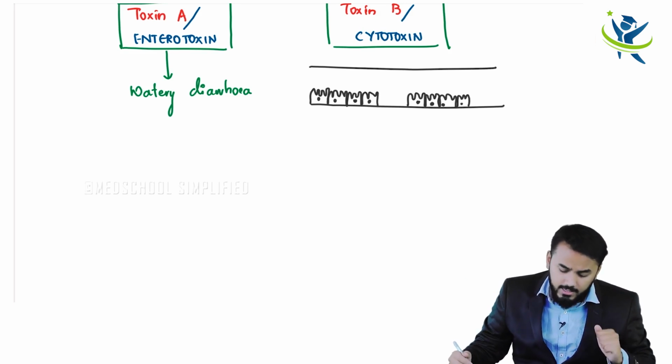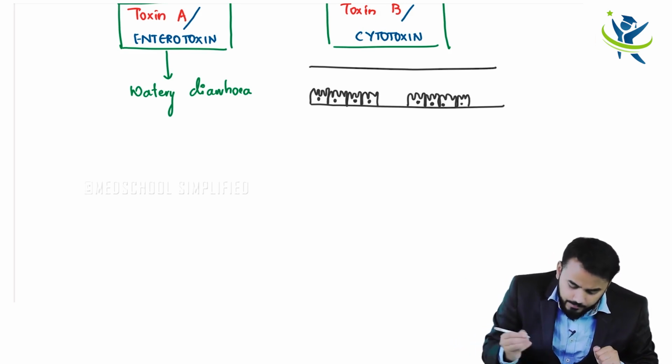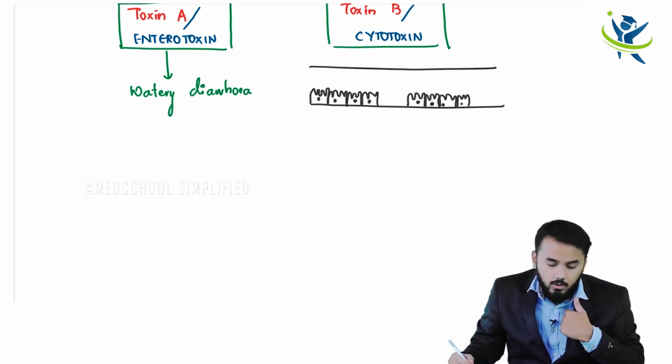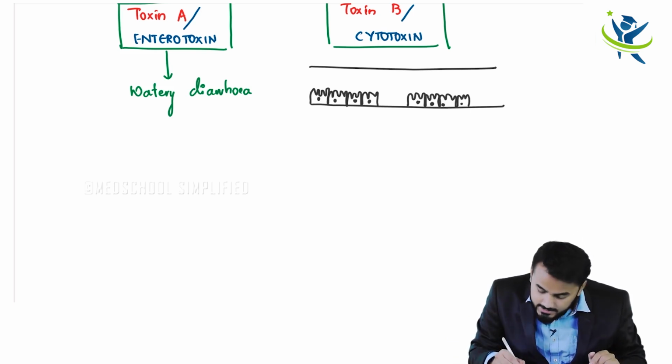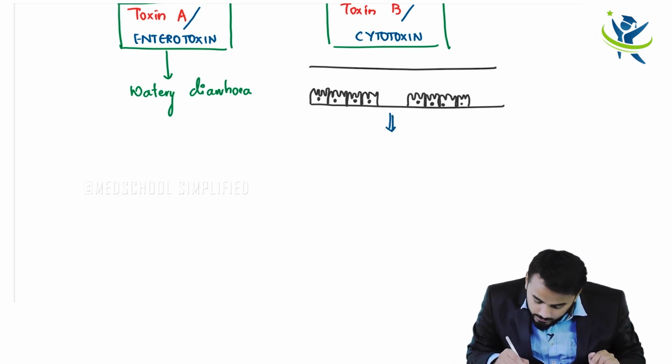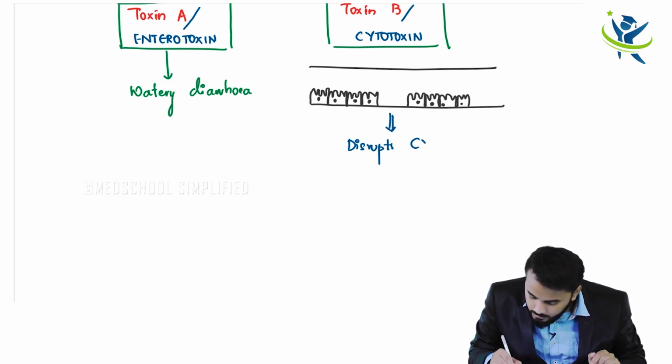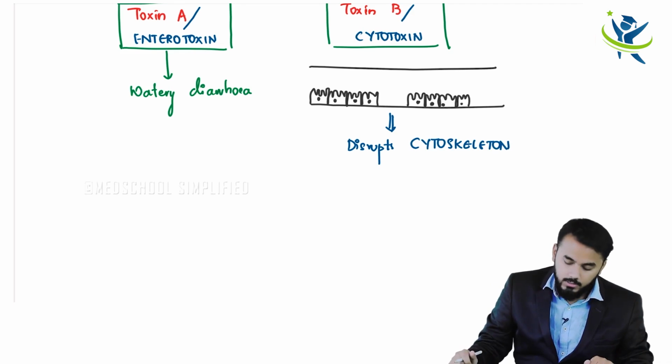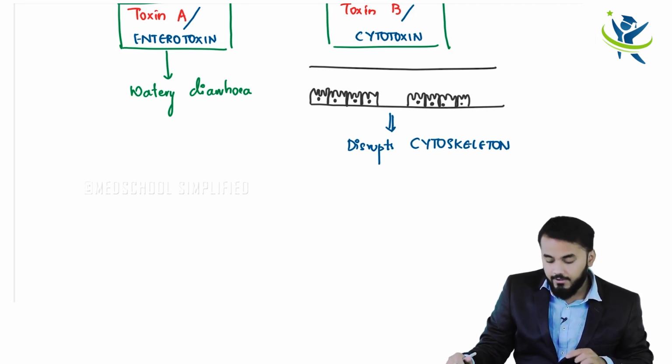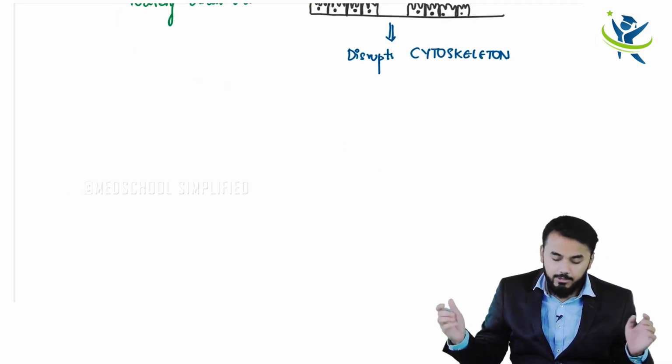So can I tell that toxin B or cytotoxin disrupts my cytoskeleton structure? Okay, fine. So it has disrupted your cytoskeleton.